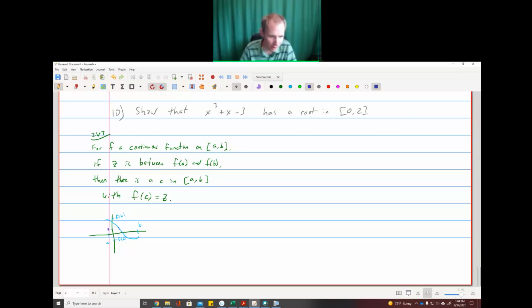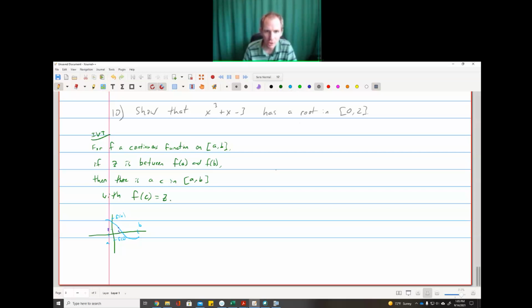Then there's going to be a point on the function that has that y value. And the x value for that point, c, is going to be in between a and b. Or another way to think about it is to go from a y value of f of a to a y value of f of b, we have to hit all of the y values in between. Because if we didn't, then we would have to jump over that y value. And if we jump over a value, that's not a continuous function. That's a jump. So that's the idea behind the intermediate value theorem.